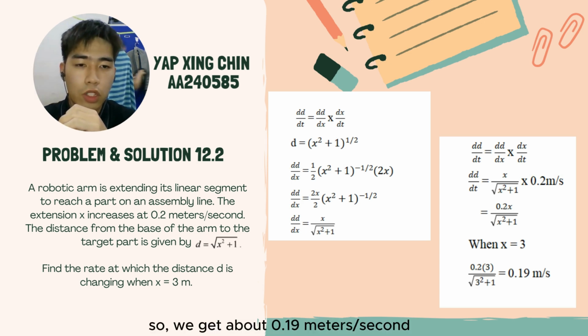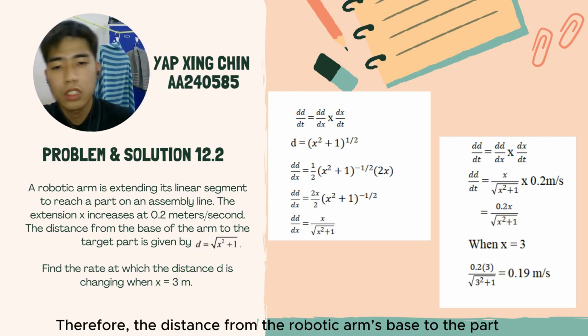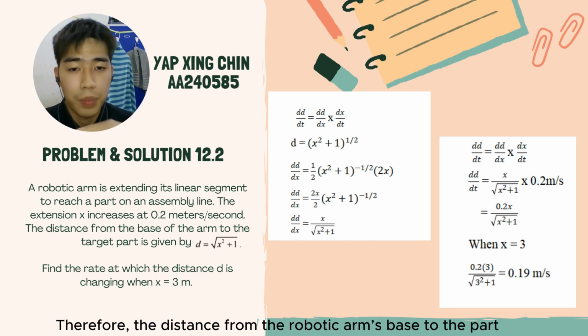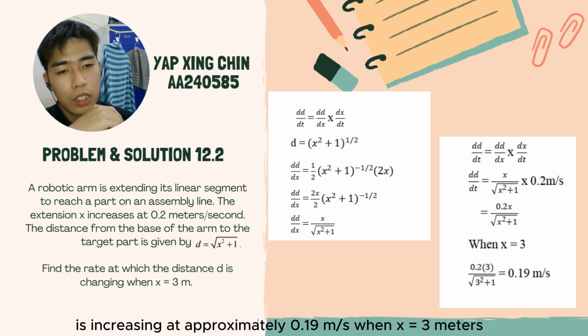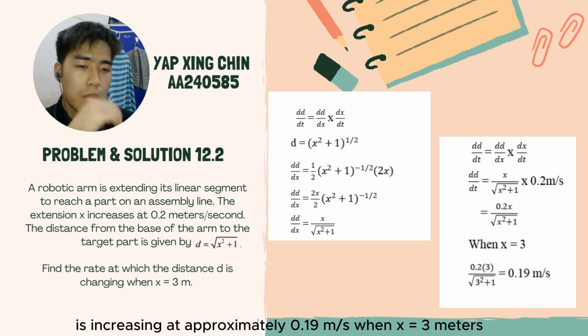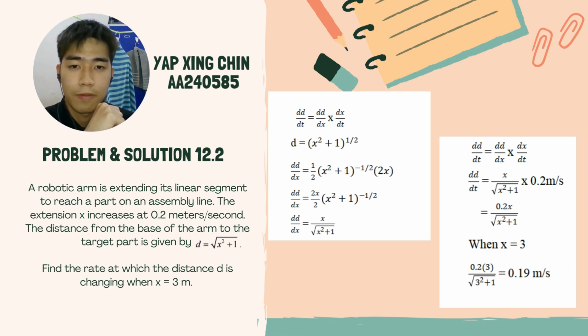So we get about 0.19 meters per second. Therefore, the distance from the robotic arm's base to the part is increasing at approximately 0.19 meters per second when x equals 3 meters.